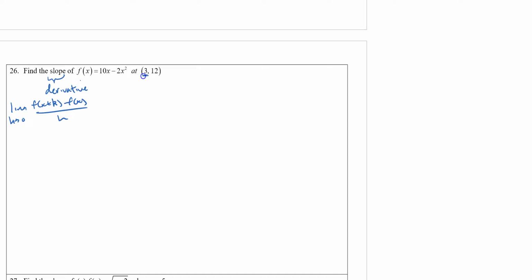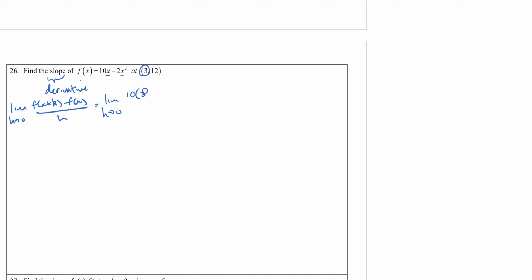We know what x value we want to evaluate it at, and we have our function. So if we just plug stuff in, the limit as h goes to 0 of f of x plus h. Wherever I see an x, I'm going to replace it with x plus h, or in this case 3 plus h.